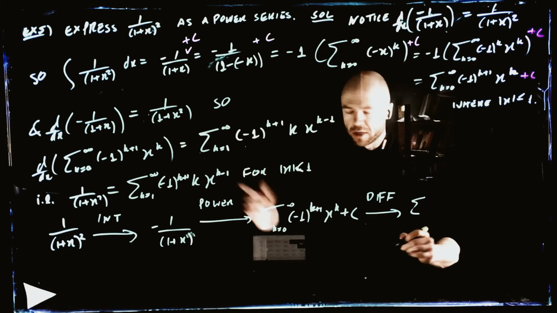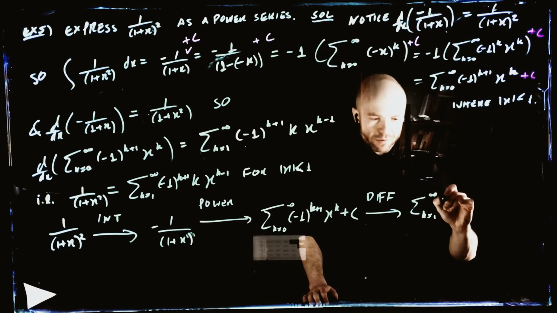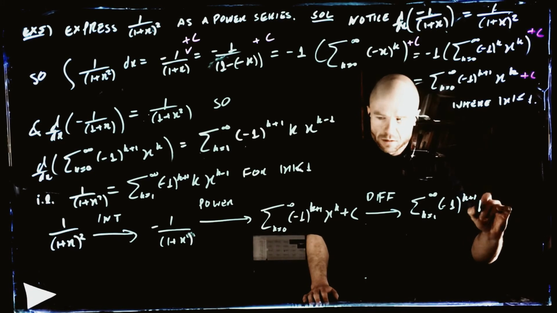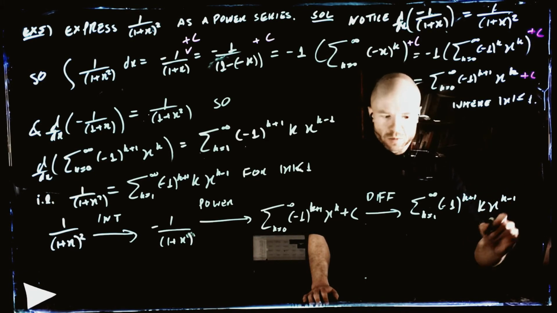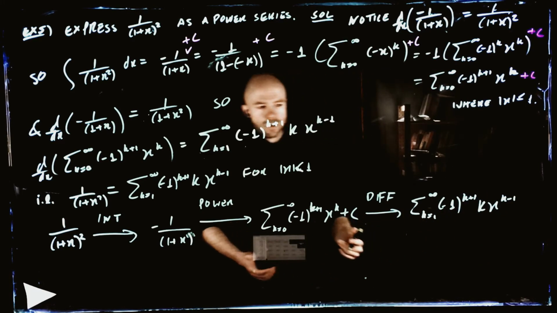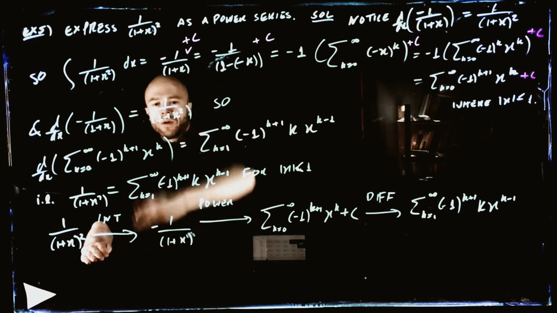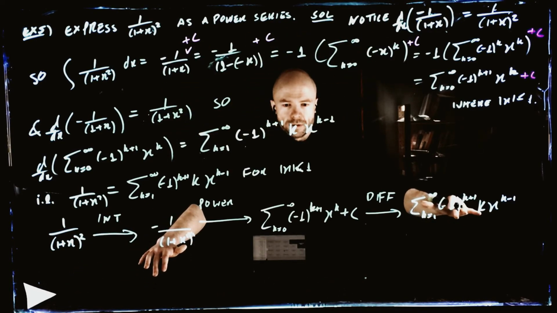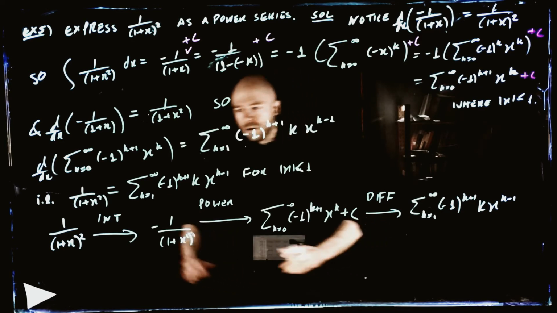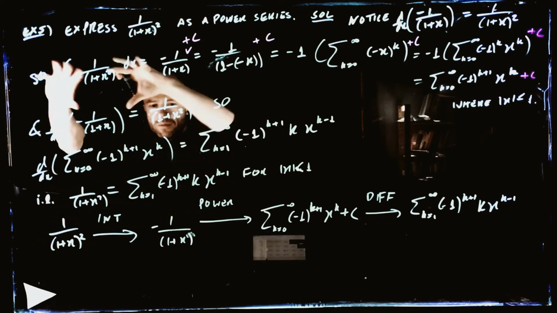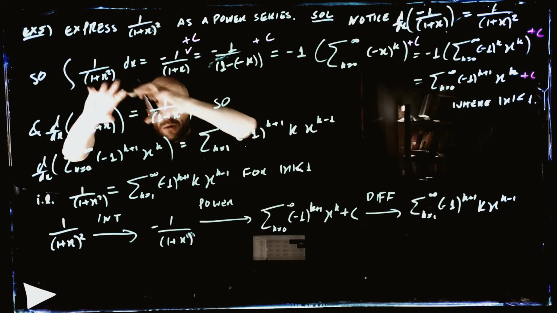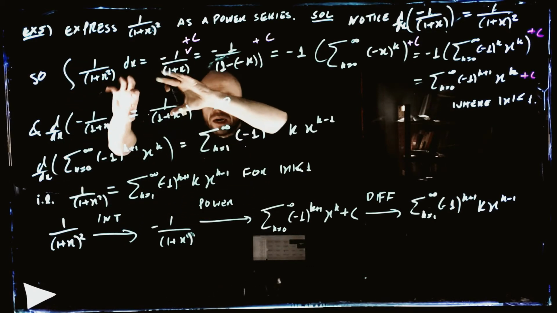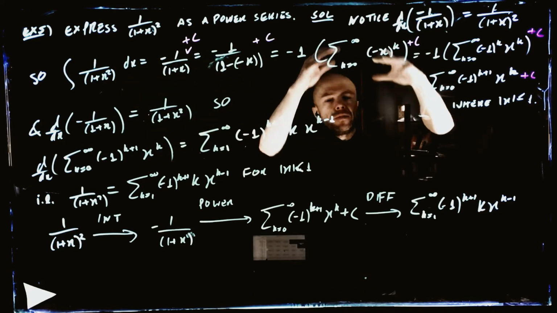When we differentiate it, we get this expression, k equals 1 to infinity, minus 1 to the k plus 1, k x to the k minus 1, and the constant vanishes, of course. So we had something, we integrate, we do the power series expansion, we differentiate. Once again, we put it into a different world by integrating it, finding the antiderivative. Now we can do a power series expansion, now we differentiate it, get back.